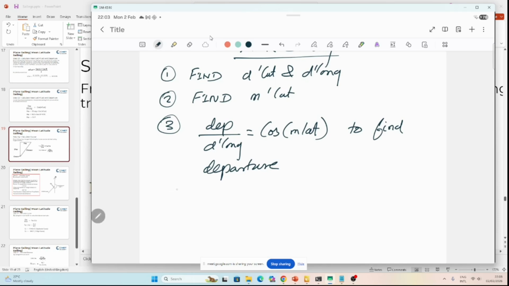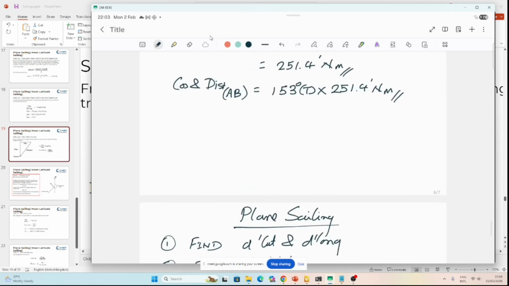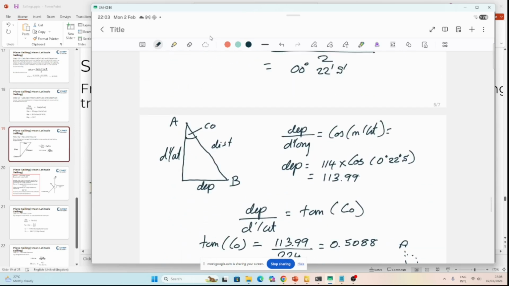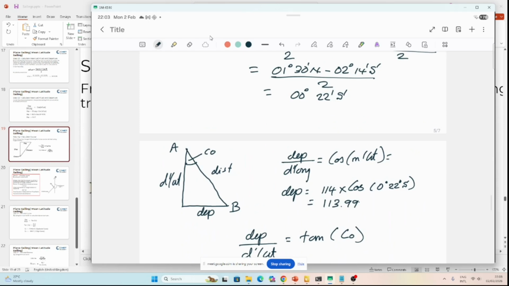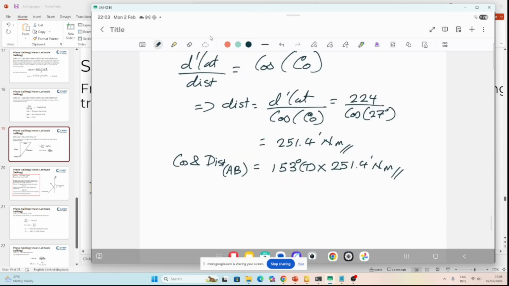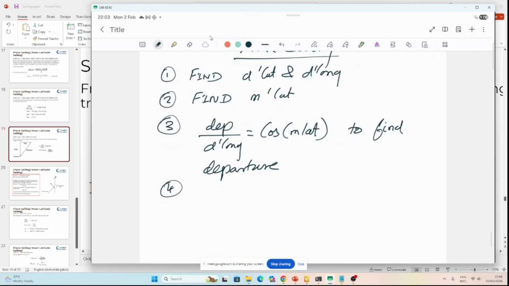So the fourth point is, after you find the departure, we have to draw the triangle. So we have found the departure, then we have to draw the sailing triangle.